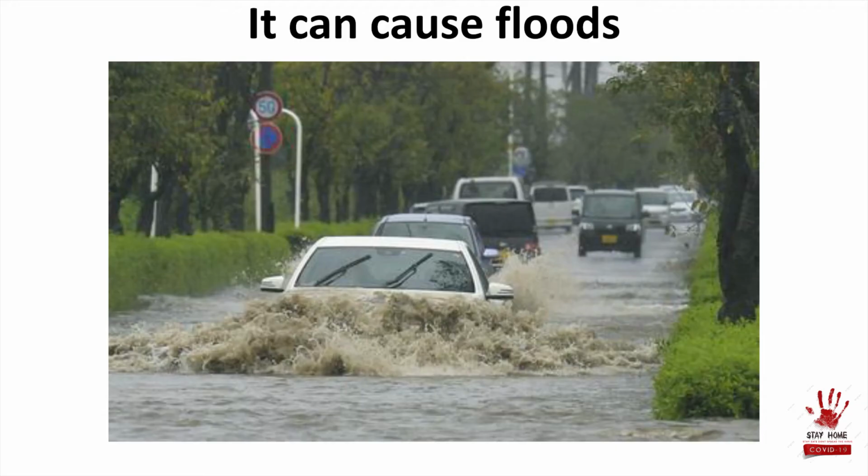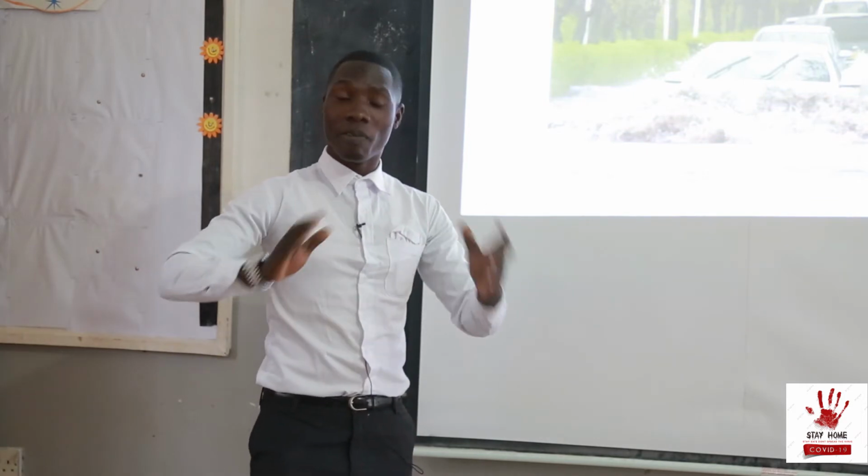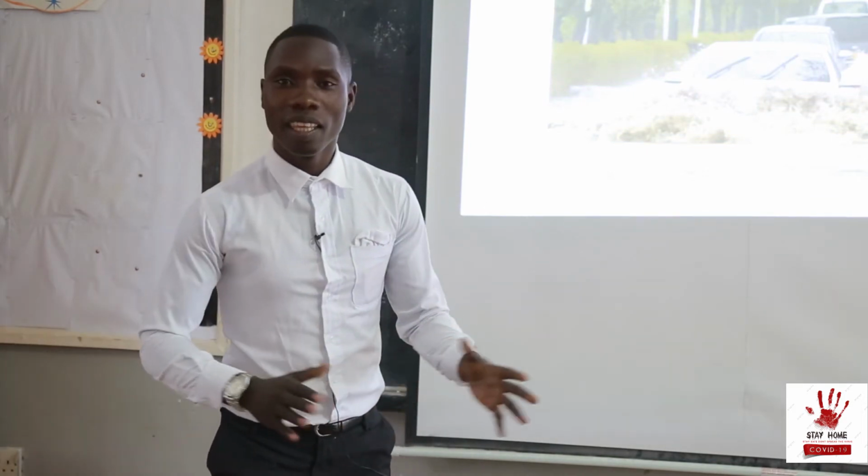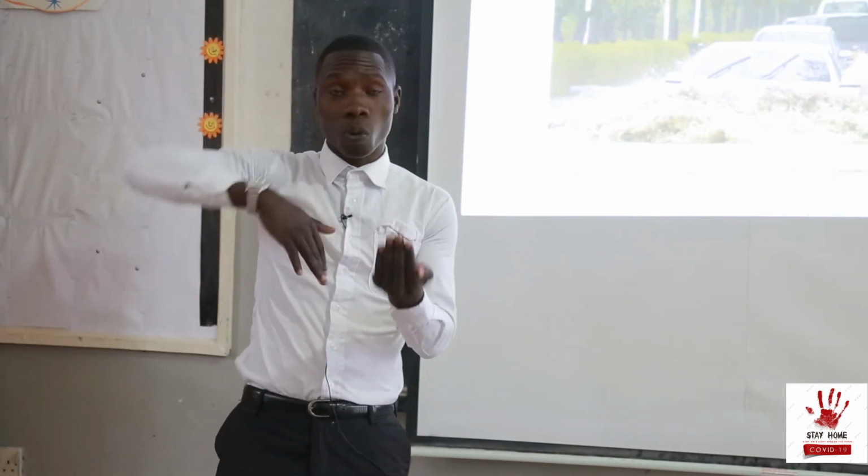Okay. This is our first point. It can cause floods. Now, floods occur when it rains heavily. When it rains heavily, these water bodies like lakes, rivers, swamps, and so many others, they overflow. The water rises beyond the normal limit.